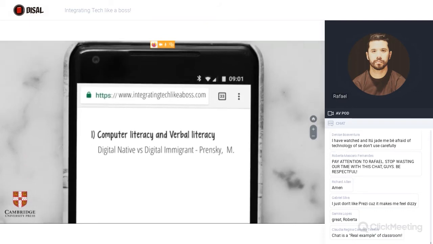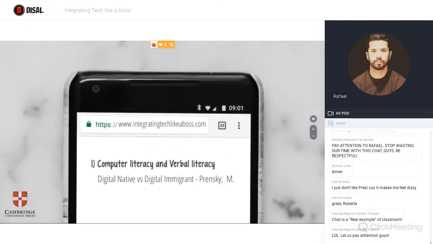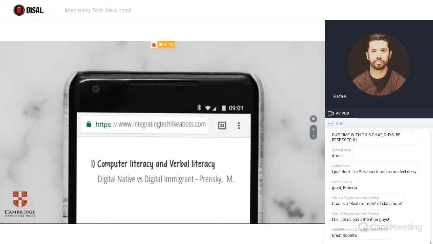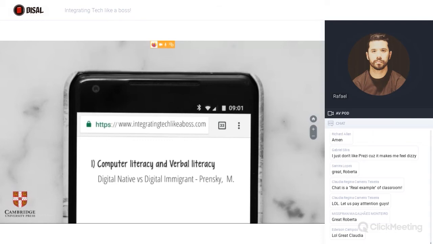Prensky calls these new students the digital natives, meaning they are all native speakers of the digital language of computers, video games, and the internet, you know? And those of us who were not born into the digital world but have adopted many or most of the technologies nowadays are called digital immigrants.